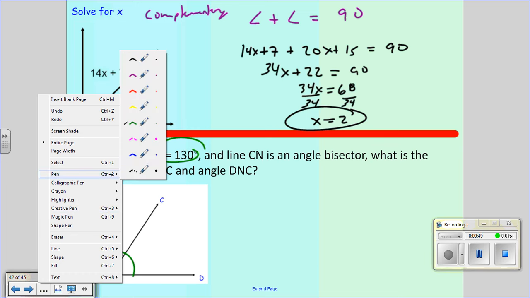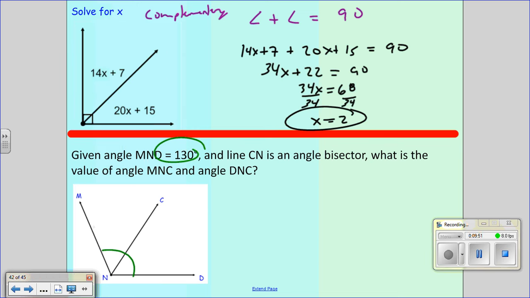So that means this small angle here is the same measurement as this small angle here. It wants us to find the measure of each angle, each one of the small angles.